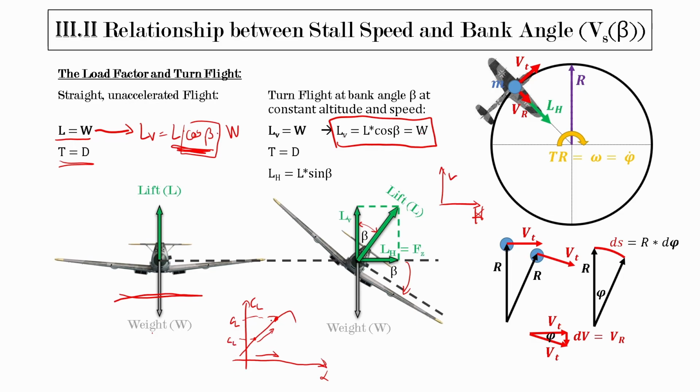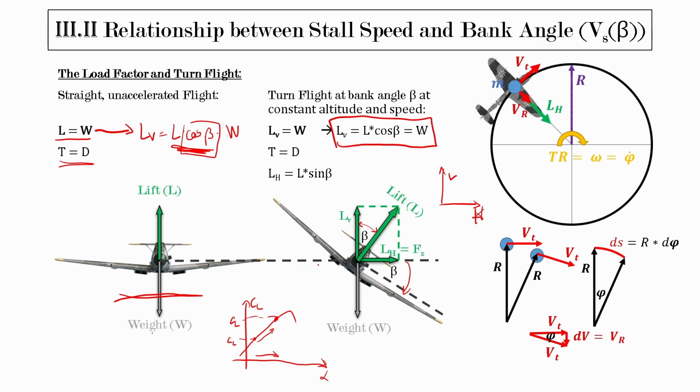So how do we do that? We introduce alpha. How do we introduce alpha? We pull on the elevator, which is the reason why when you fly through a turn you also pull on the elevator, to increase that lift force to maintain this altitude.